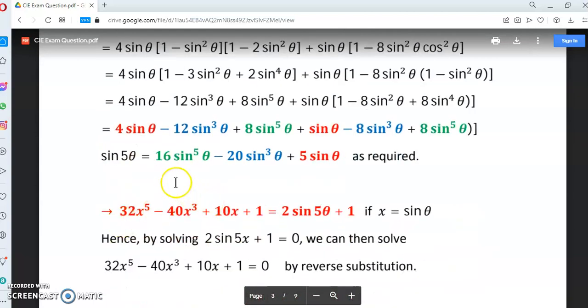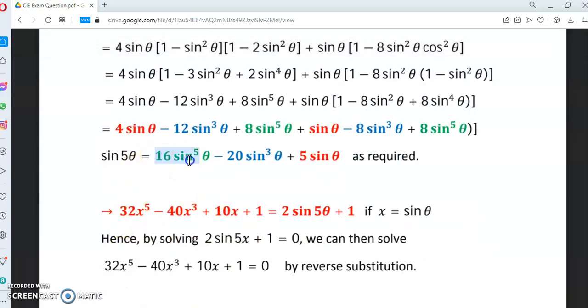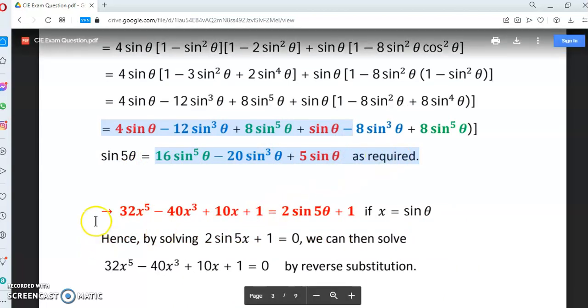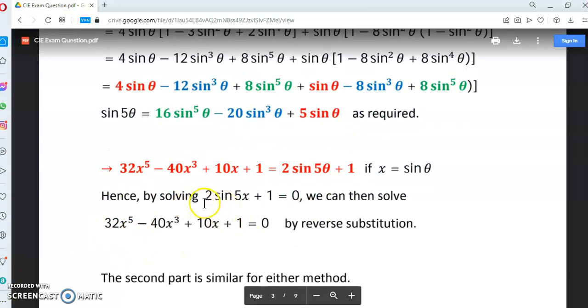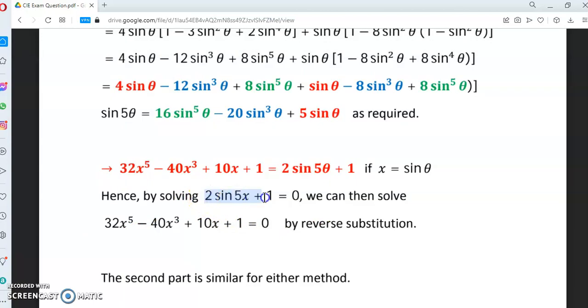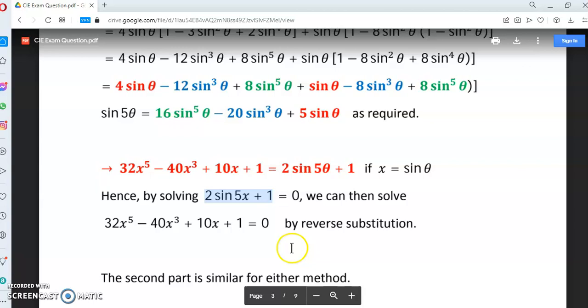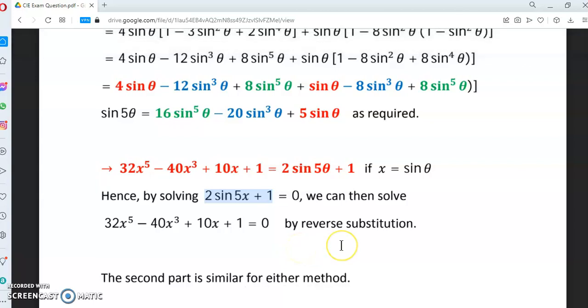And it all reduces to this expression here, which is what we want. And now if we look at the original equation, which is this, we solve this expression here, 2 sine 5x plus 1. Don't worry, I'll give you a link to this solution and you can study it in your own time.